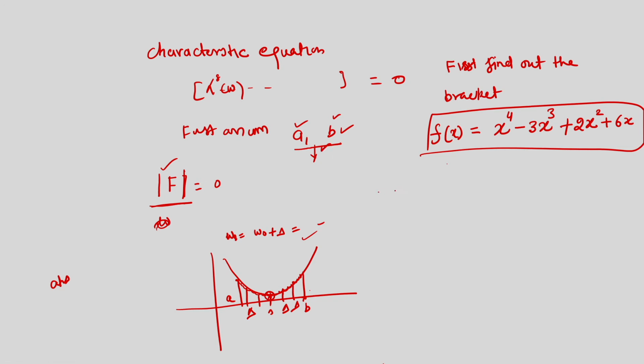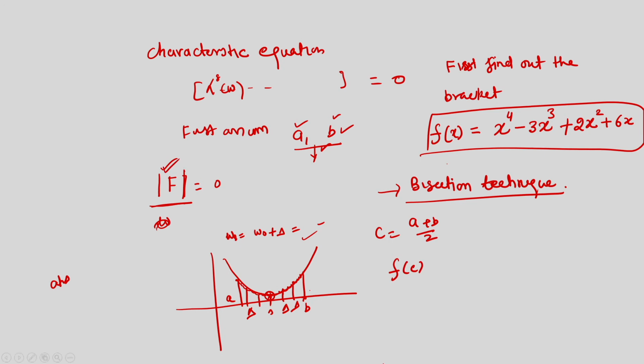Now, we have different techniques. If it is a single variable, and obviously for omega it is a single variable, we can apply the bisection technique. There you take another guess, A plus B divided by 2, the average, and evaluate the function value, meaning you evaluate the determinant of that matrix and check the sign.